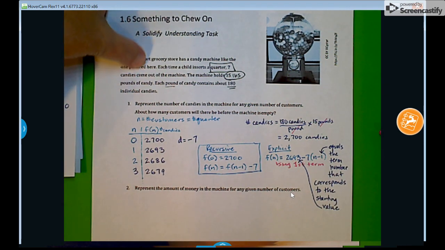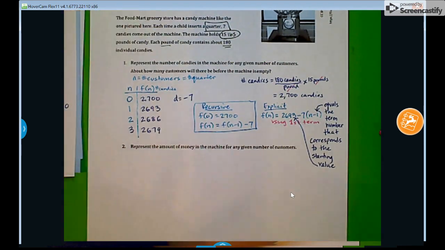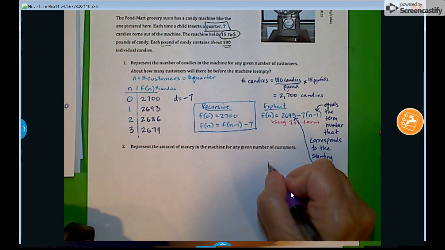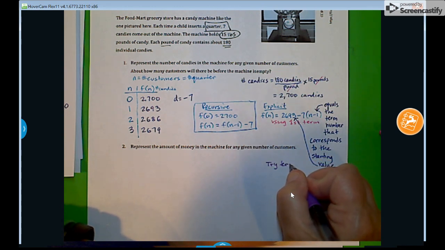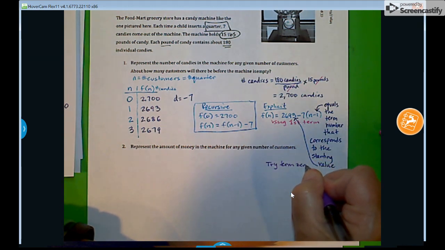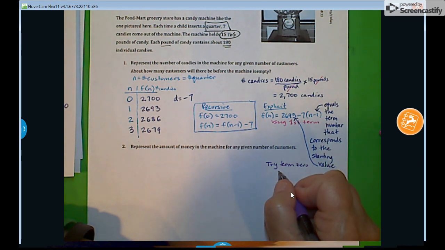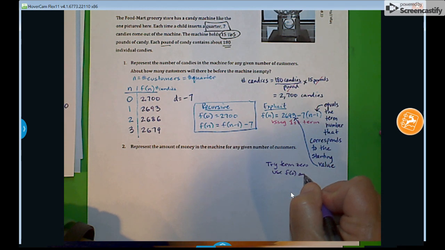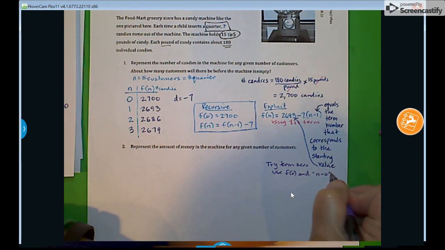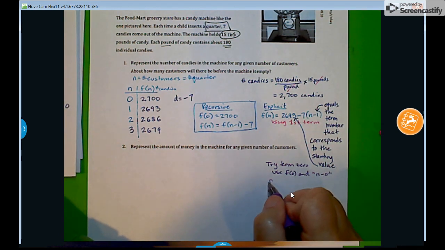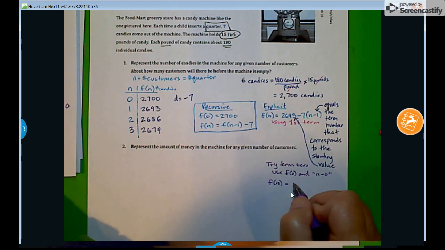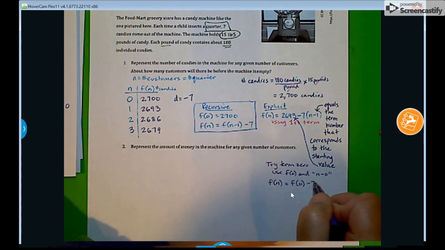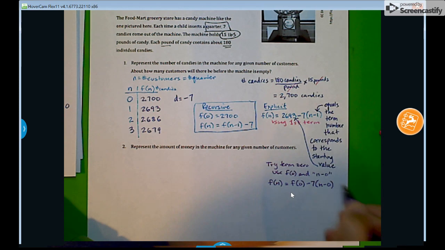What I could also use is f of 0 and n minus 0. So try term 0. I'm going to use f of 0 and n minus 0. I'll show you how that works. F of n equals f of 0 minus 7 times n minus 0.